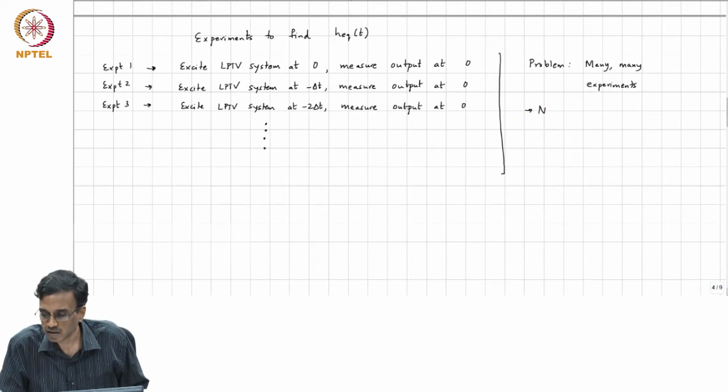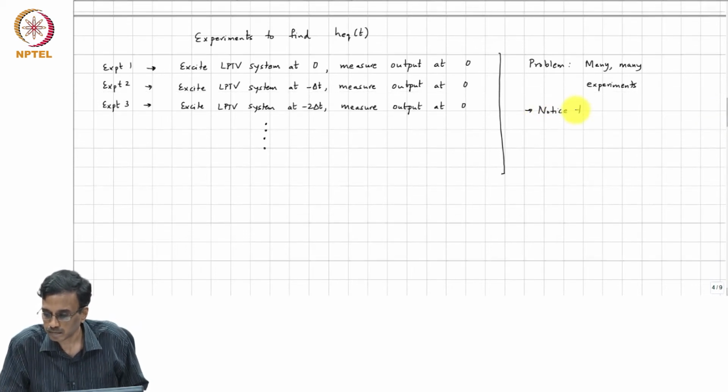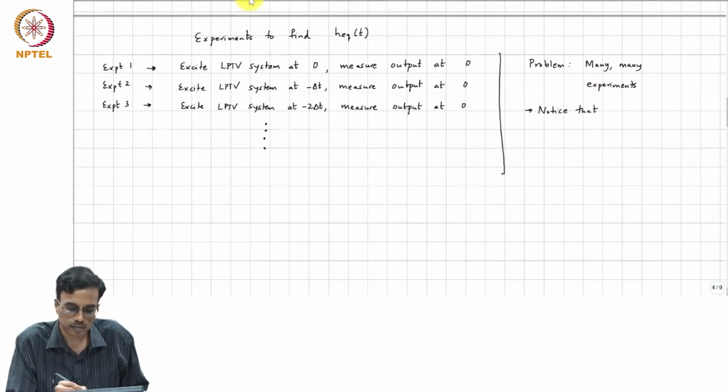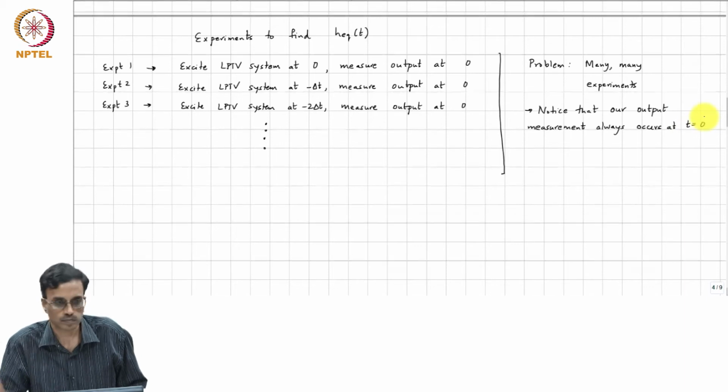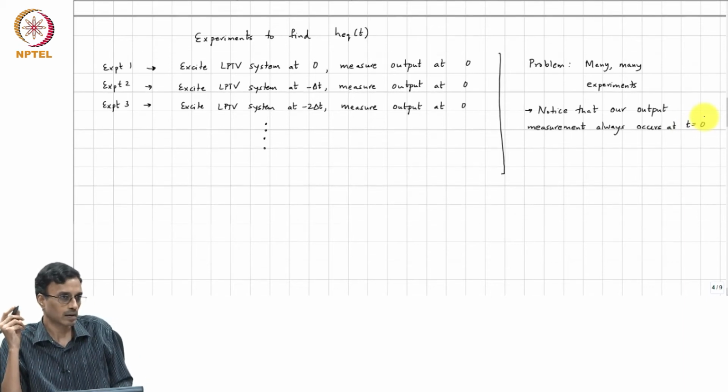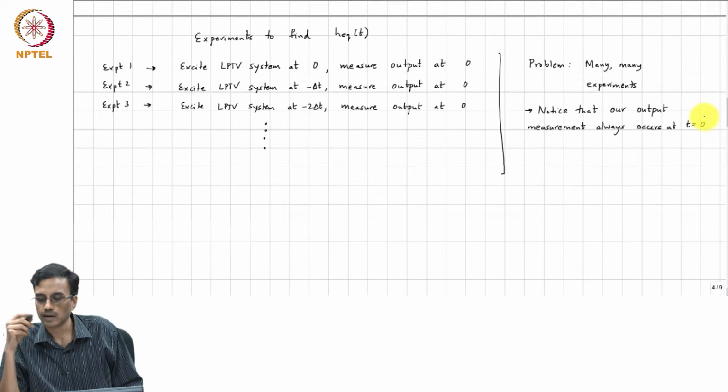And the key point is to notice that our output measurement always occurs at t equal to 0. All right.